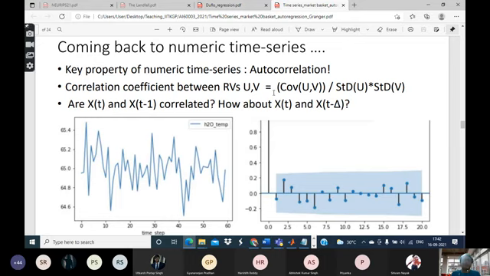Then intuitively, what does that tell you about these two variables? It shows that if we change one variable, it has a strong impact on the other variable as well. Not just a strong impact, it's a similar impact. That is, if u increases, then v also increases by a comparable amount.